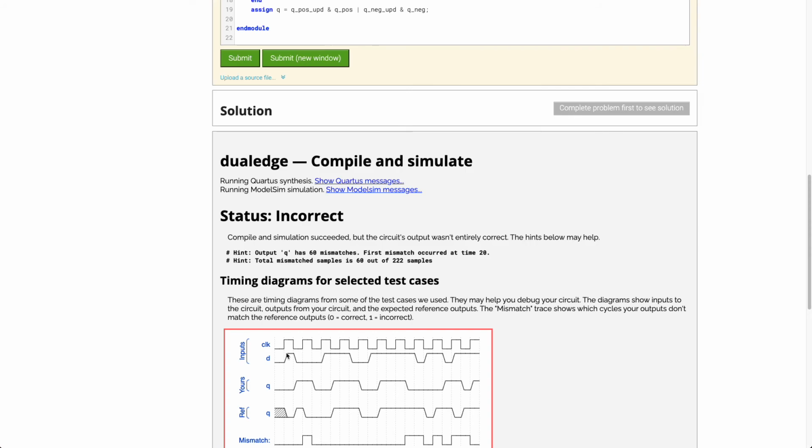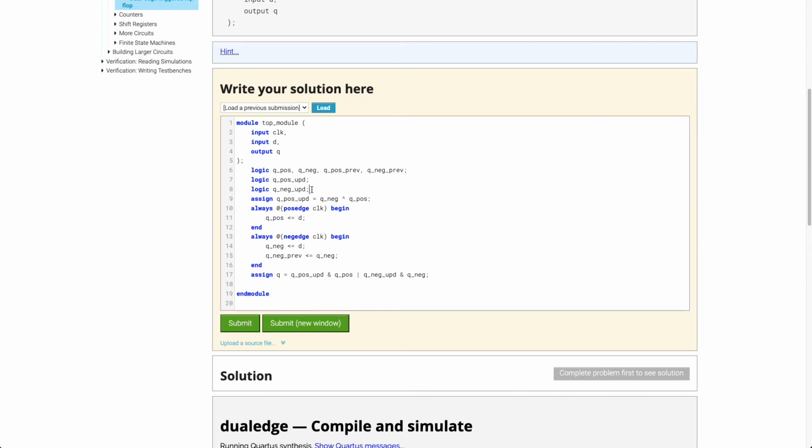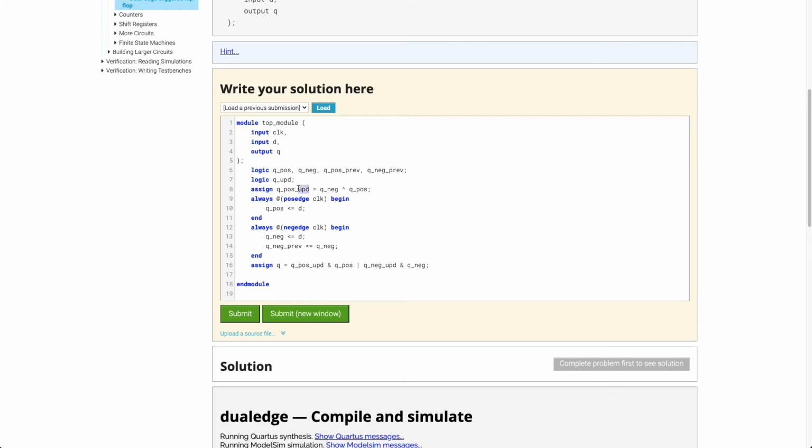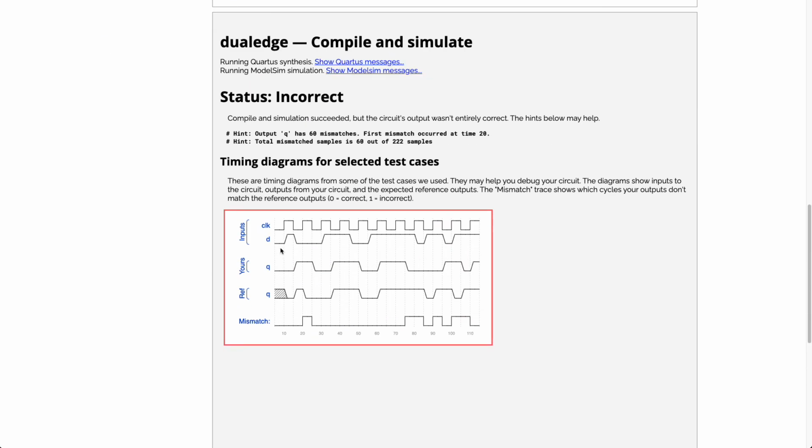But oh, suppose Q has updated and I detect it.